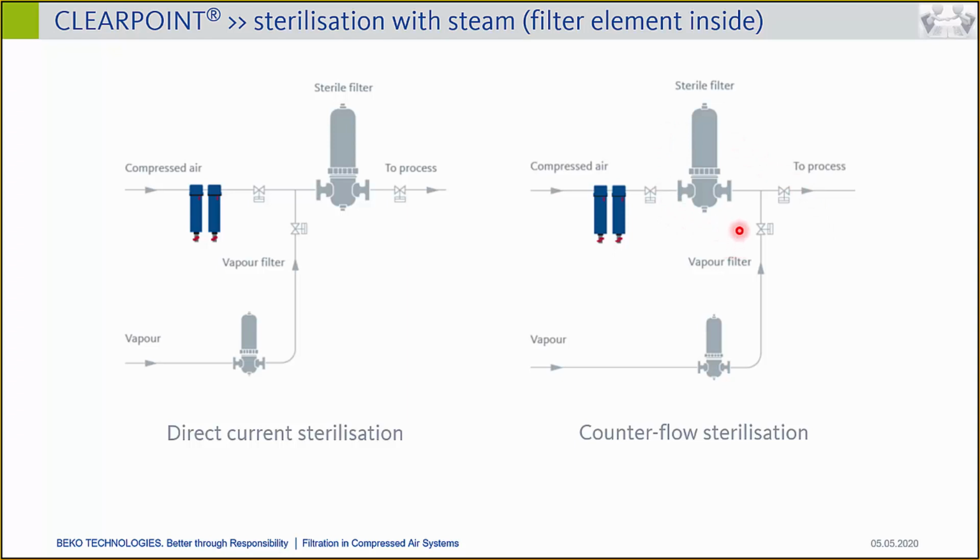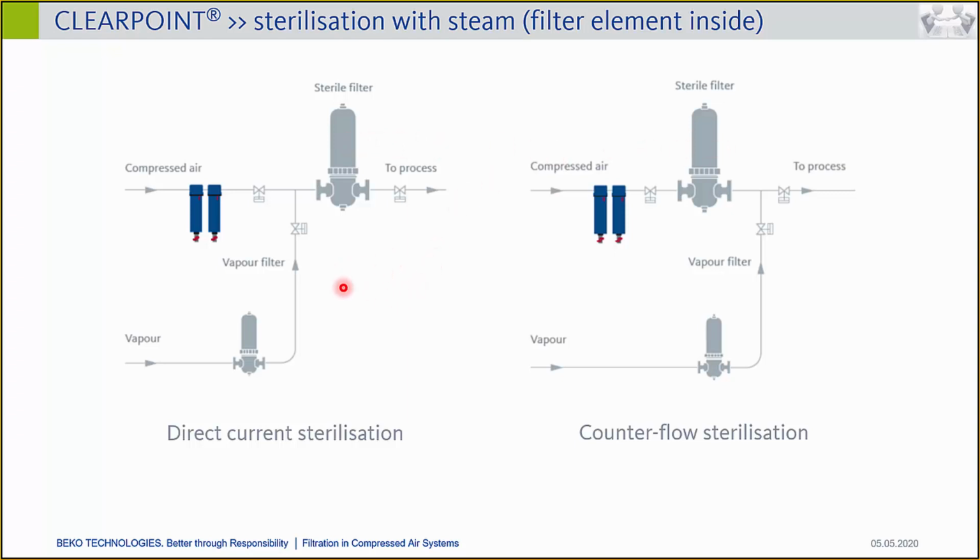And once the element should be sterilized, these valves will be both closed here, and then the steam valve is still open and flushes or purges the element with a lot of mass of hot steam. And the steam will be escaping the filter housing either on top or bottom, depending on if this process is running or this process is running.